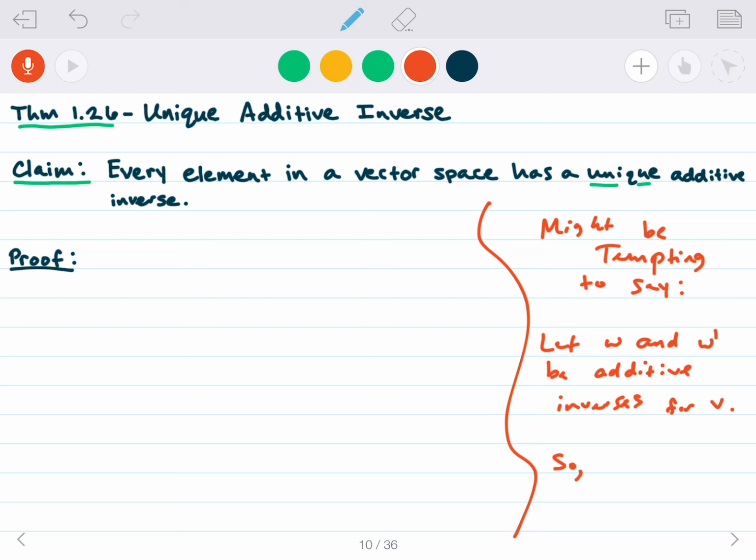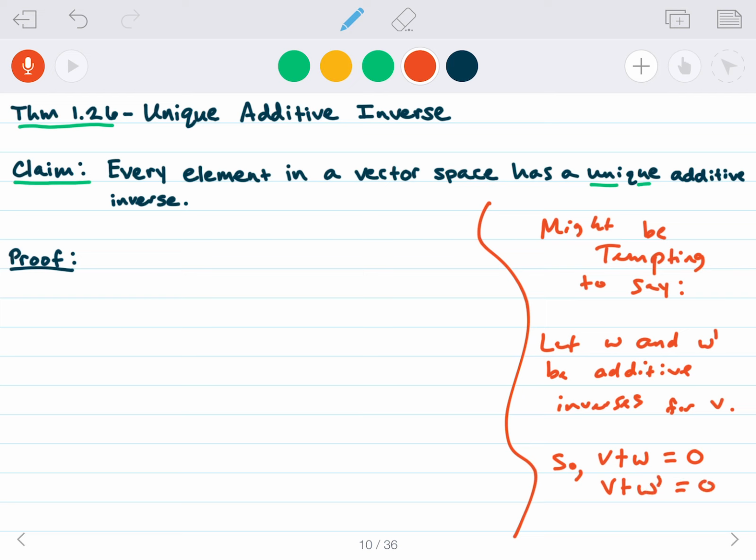So just by the definition of additive inverses, we have that V plus W equals 0, and V plus W prime equals 0.